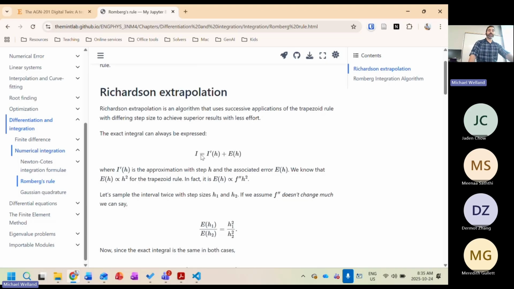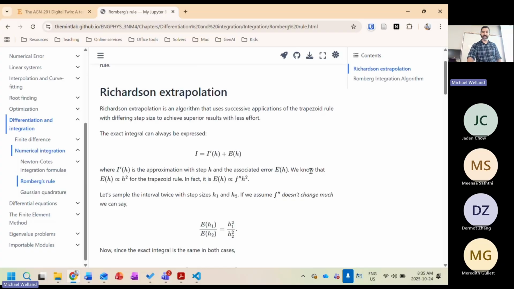Nice thing is that we're going to get a big payoff for doing this. The exact integral I can always be expressed as equal to your approximation, which is some function of your step size h, plus your error, right? This is literally the truth: your approximation plus the error. It looks a bit of a funny way to write that.